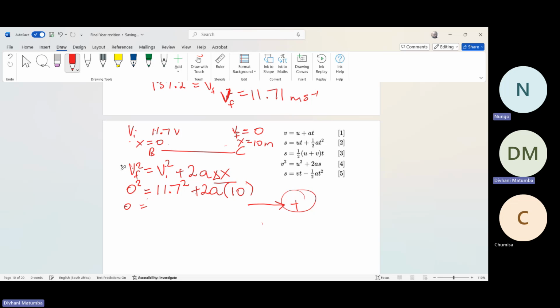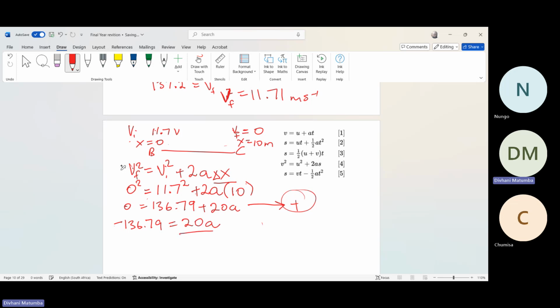Okay, 0 is equal to 136.89 plus 2 times 10. If I take 136.89 to the other side, I am going to get minus 136.89 is equal to 20 times acceleration.